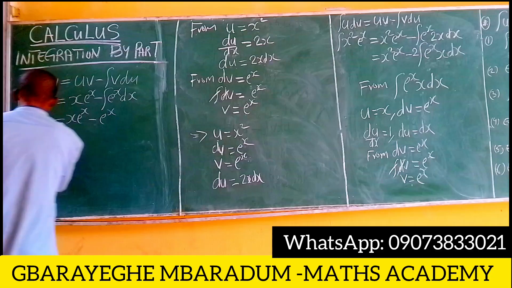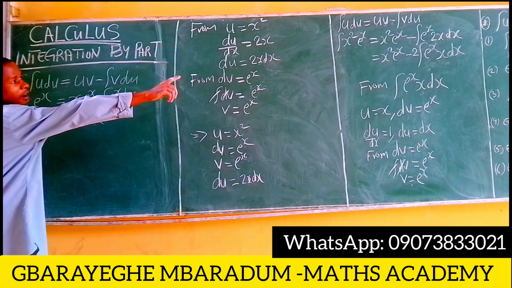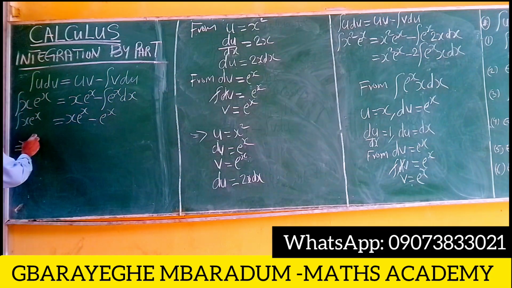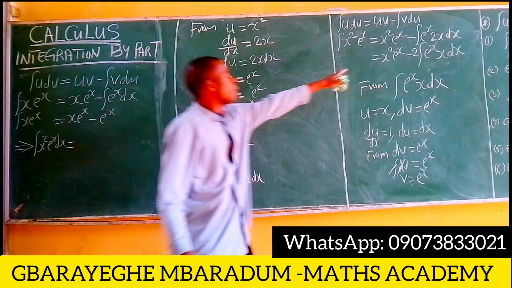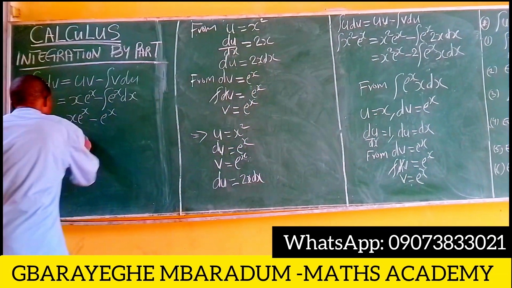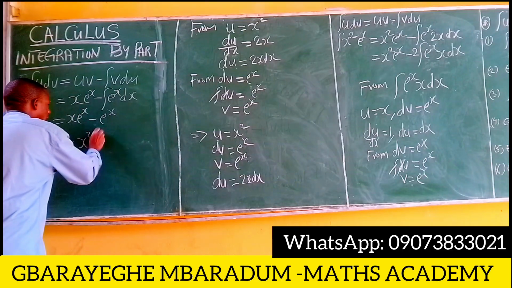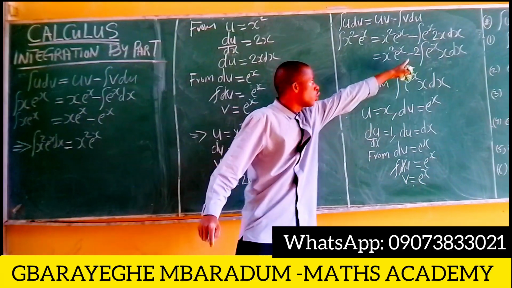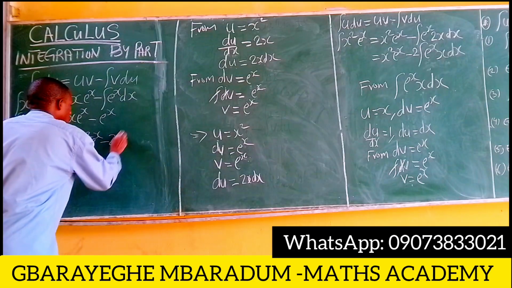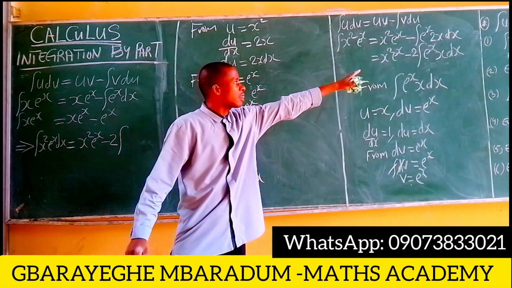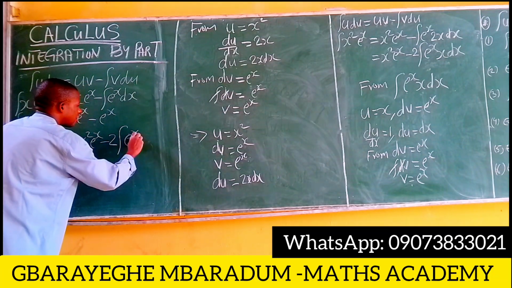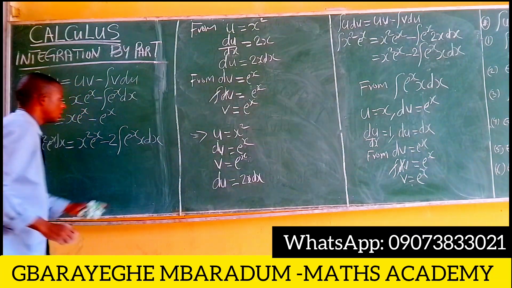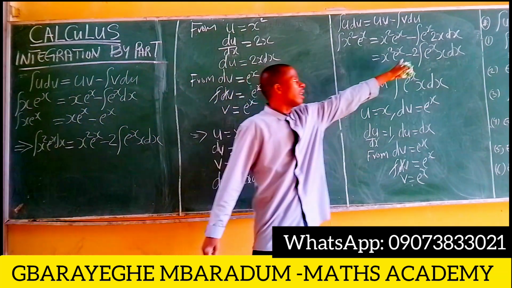This implies that from our first integration by parts, the integral of x squared exponential x dx was given as x squared exponential x minus 2 times the integral of exponential x times x dx.